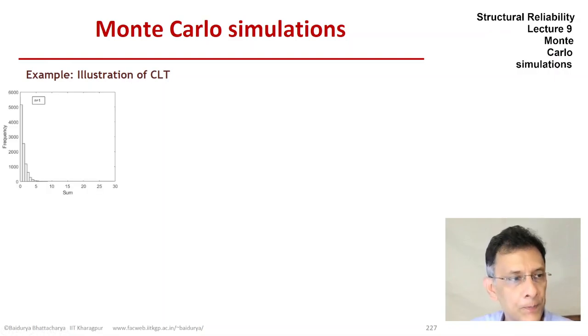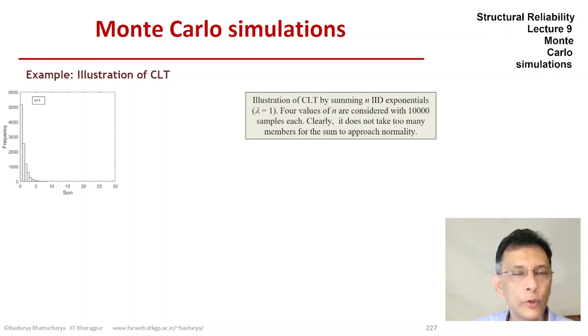We generated 10,000 samples from the exponential distribution with lambda equal to 1, and if we draw the histogram of those 10,000, it's clearly going to look like the exponential density. This is one of those distributions that are quite non-normal to look at. It has a peak at 0 and then drops monotonically.